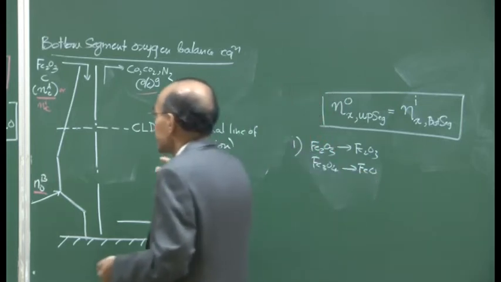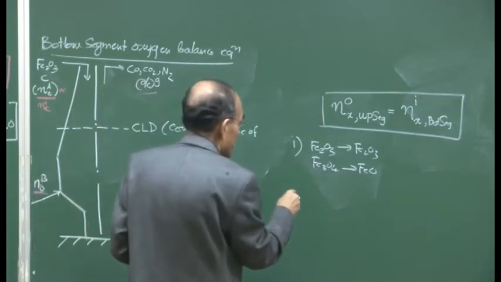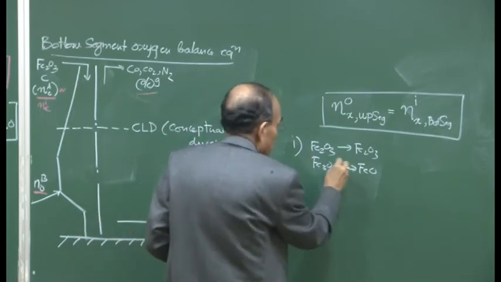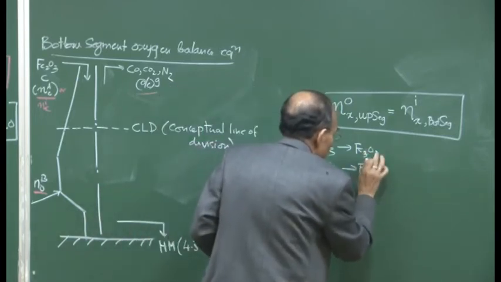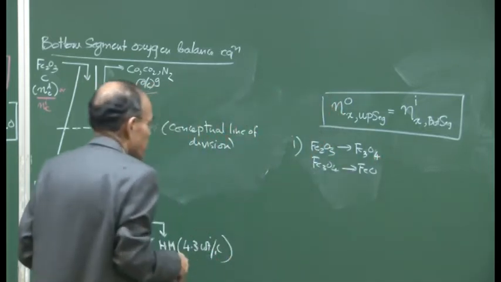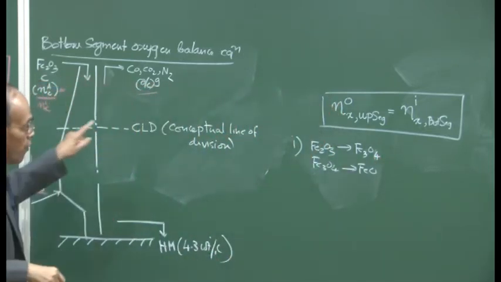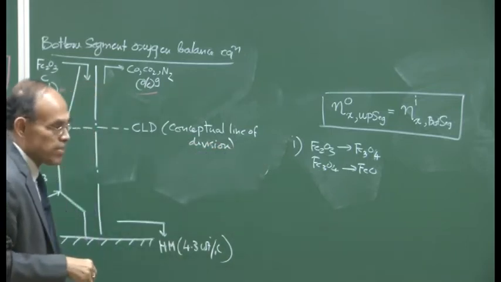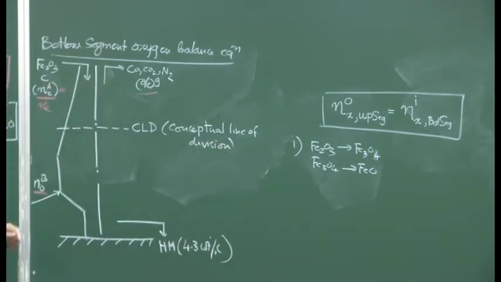So in this case, this is Fe3O4, and then we have Fe3O4 to FeO. These reduction reactions can take place. The higher oxides can get reduced.